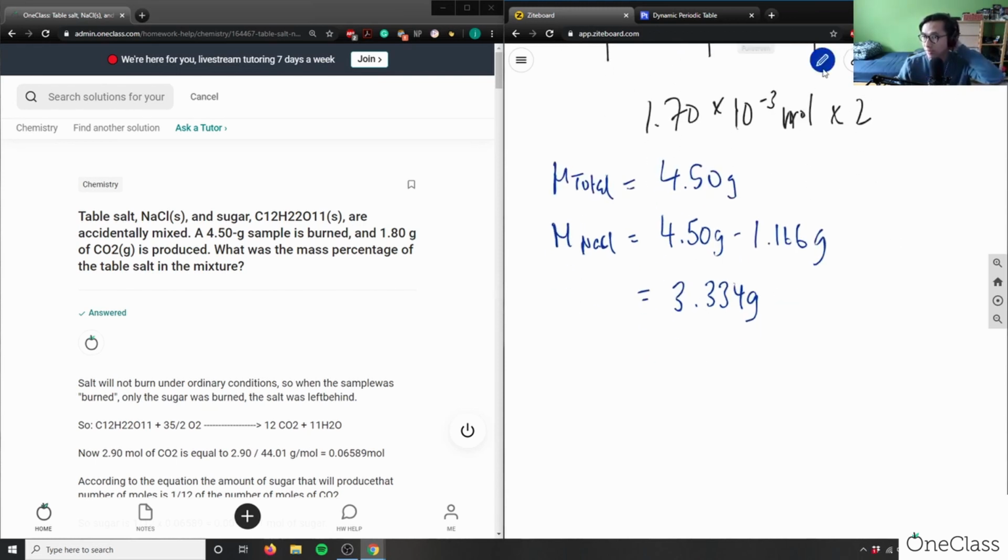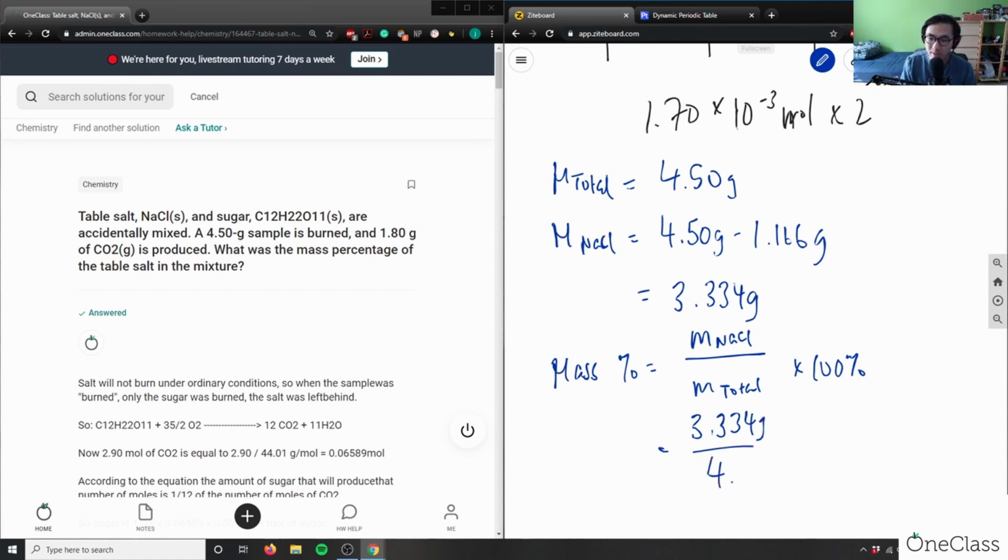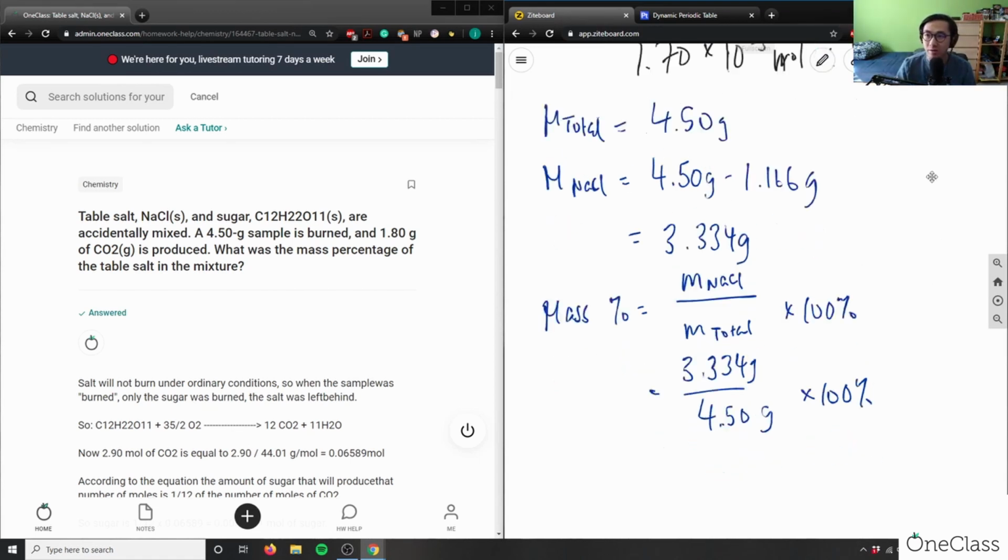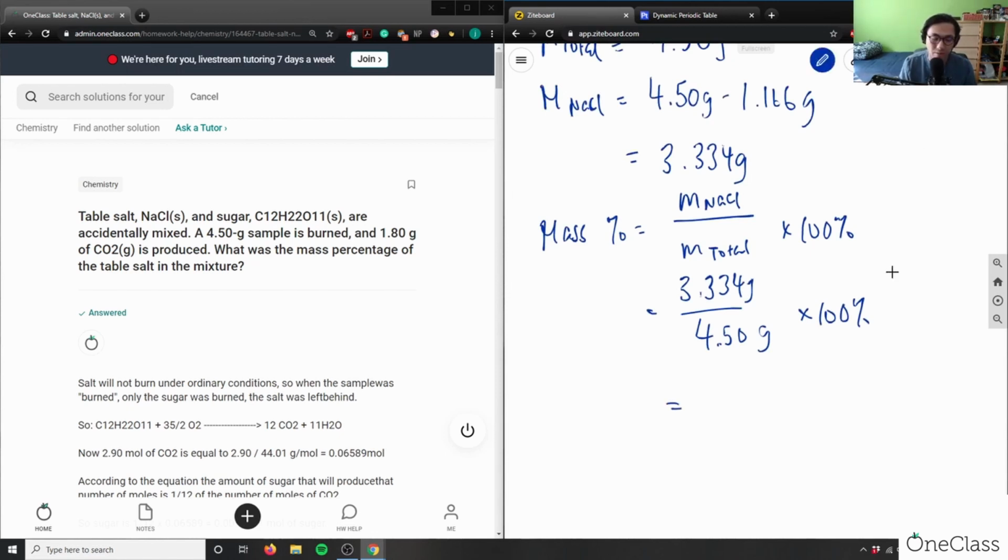And then from that, we can figure out the mass percentage, right? The mass percent equals the mass of our NaCl, our salt, over the total mass times 100%. So this is 3.334 grams divided by the total mass, 4.50 grams, times 100%, and this entire thing will give us our mass percent.